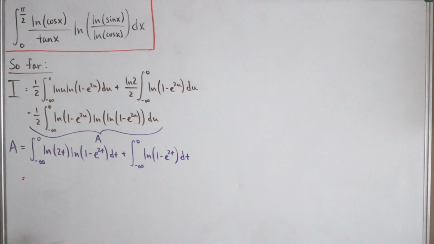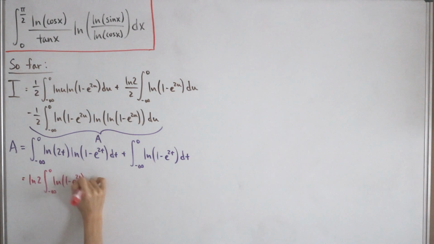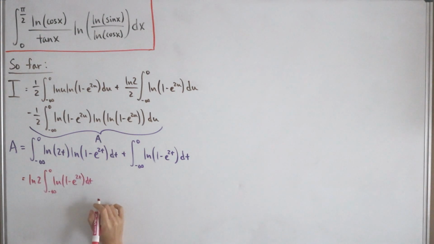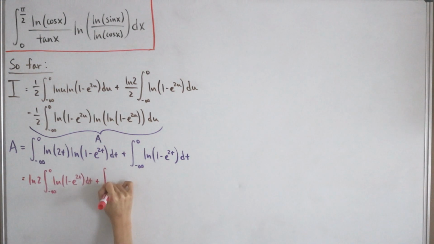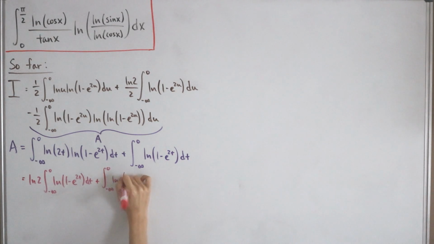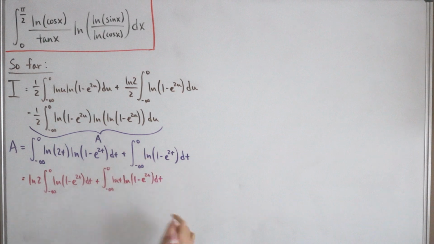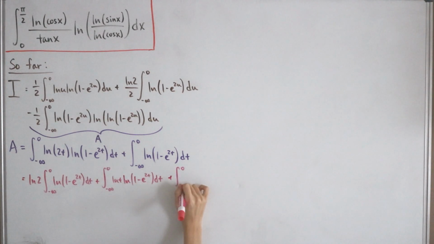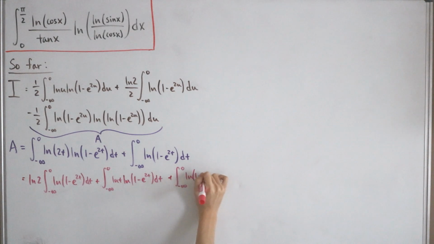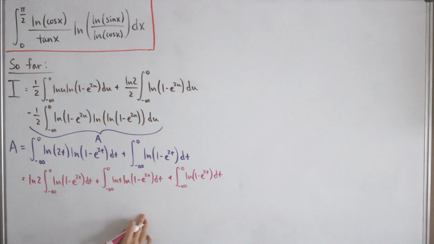So if we split this up with log properties, we have ln of 2, and that's a constant, so I'll factor it out of the integral, so negative infinity to 0 of ln of 1 subtract e to the power 2t, then dt, and then keep going further, so we have plus the integral from negative infinity to 0 of ln of t, and then multiply with ln of 1 subtract e to the power 2t, so like this, and then just continue with this integral over here. So the integral from 0 to negative infinity of the natural log of 1 subtract e to the power 2t, and then dt.